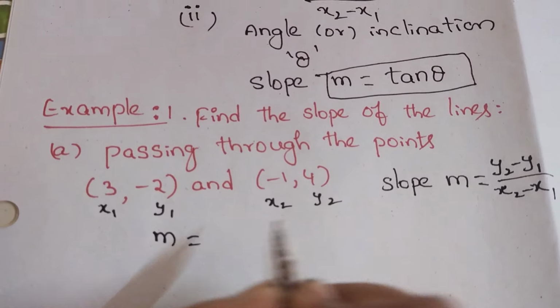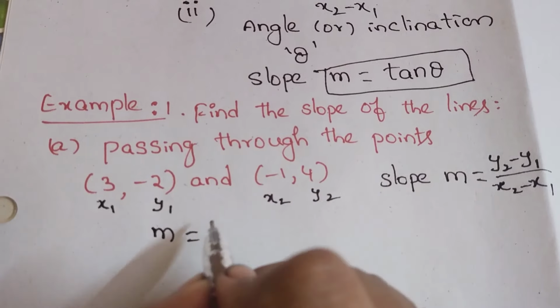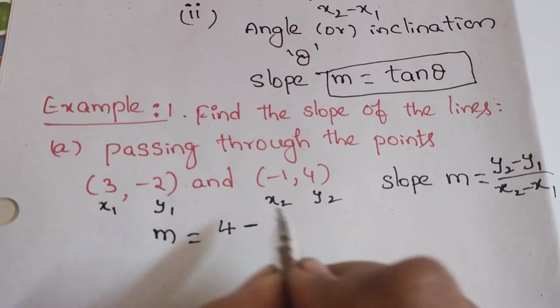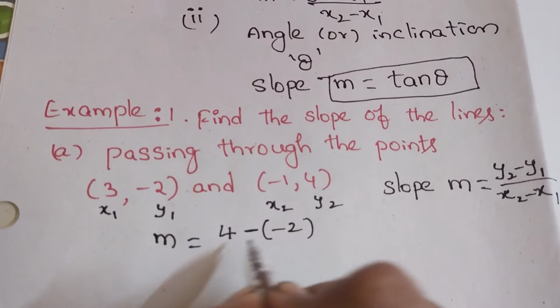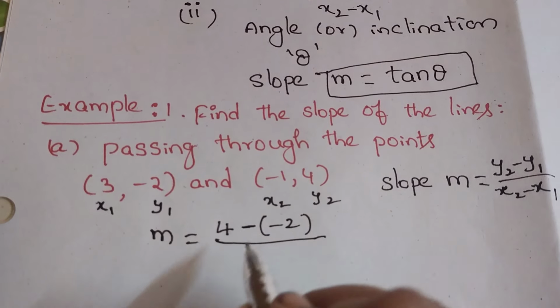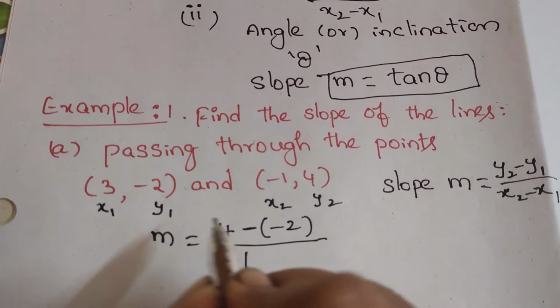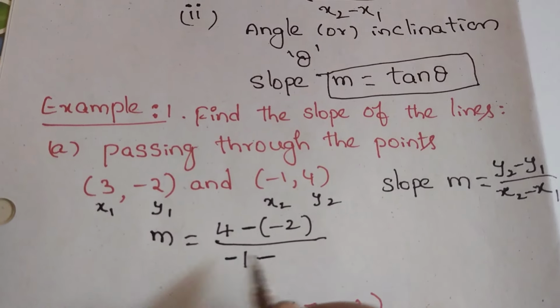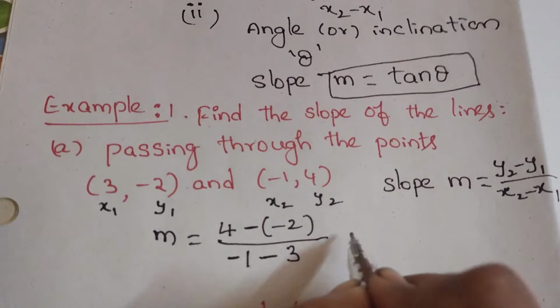Now use this formula. m is equal to y2, which here is 4, minus y1, which is minus 2, divided by x2 minus x1. What is x2? Minus 1. And what is x1? 3. So x2 minus x1 is minus 1 minus 3.